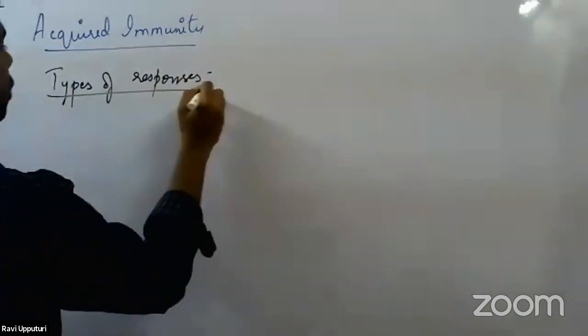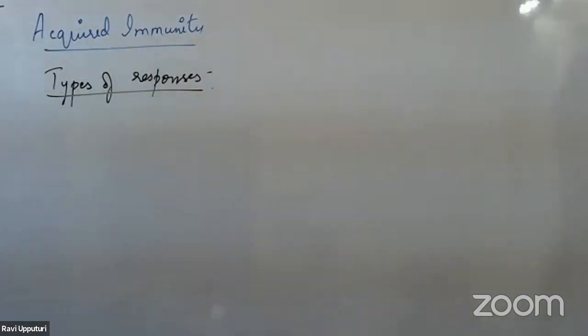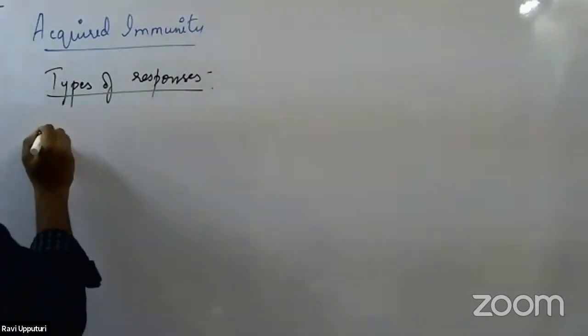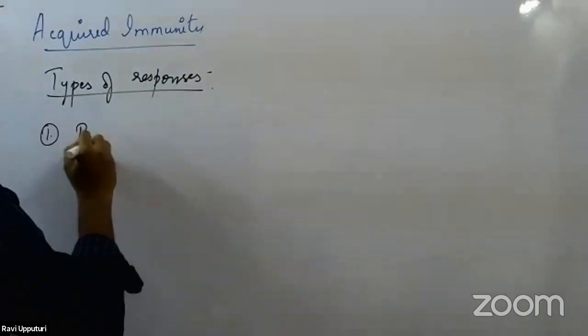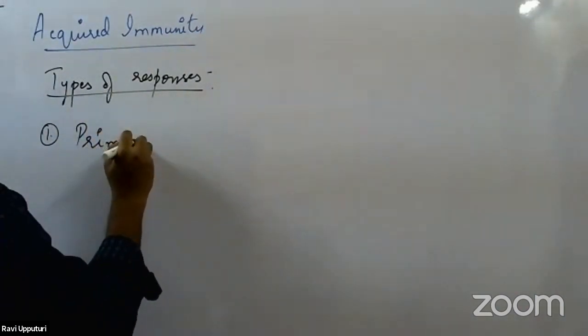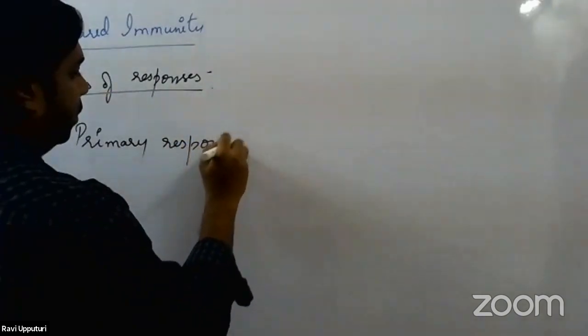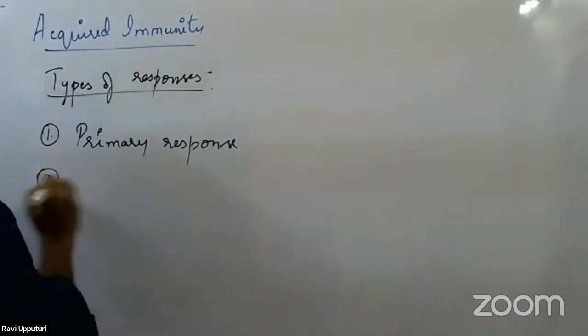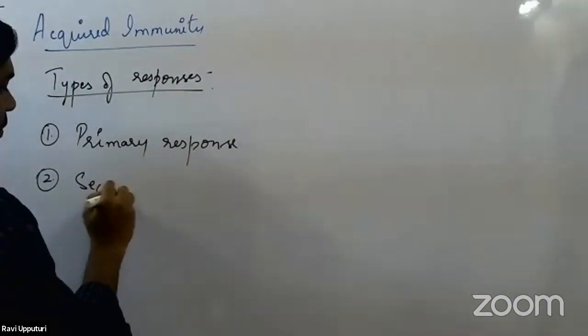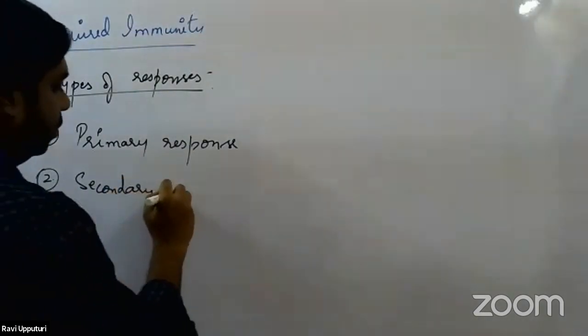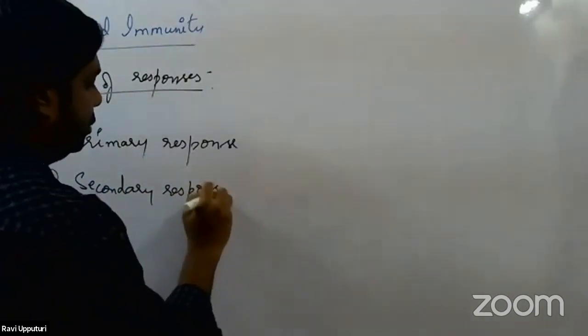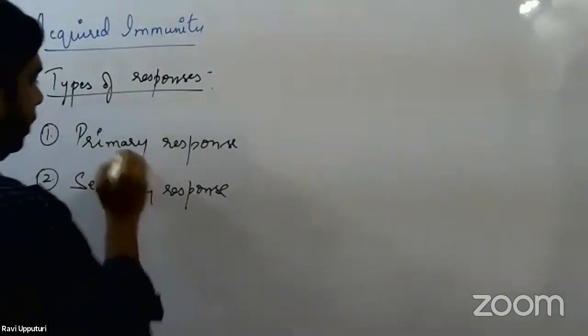So basically there are 2 major types of acquired immune responses. One is called the primary immune response, and the second one is called the secondary response. Primary response as well as the secondary response.